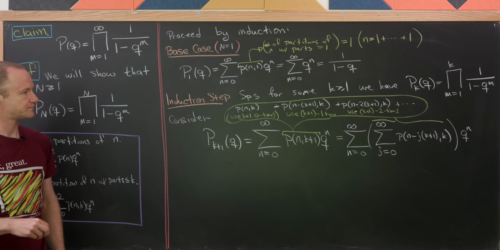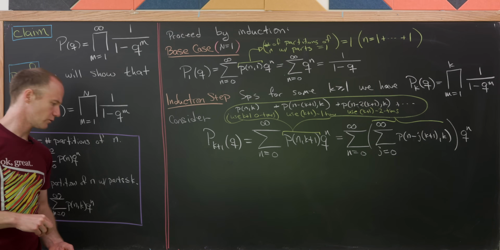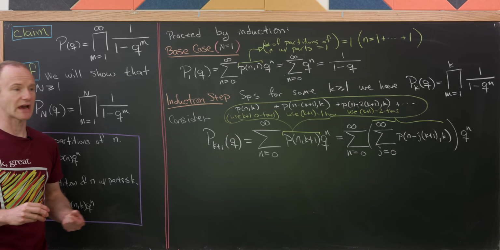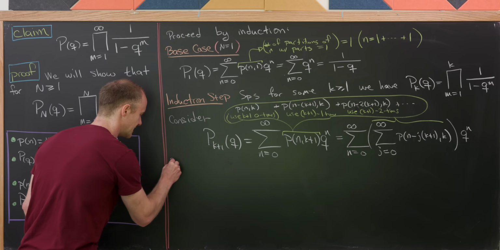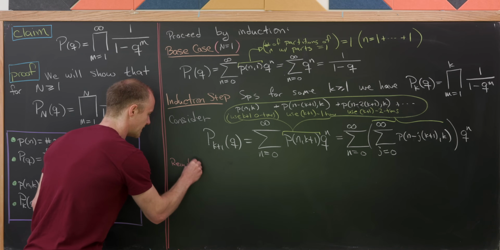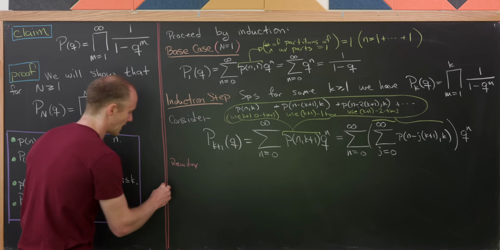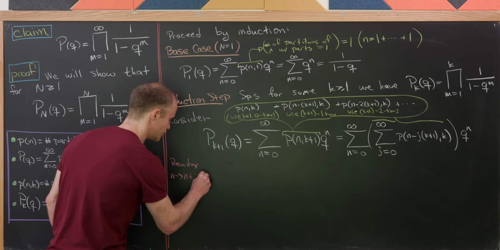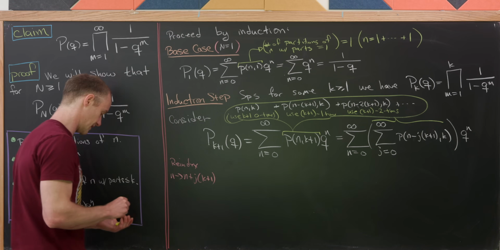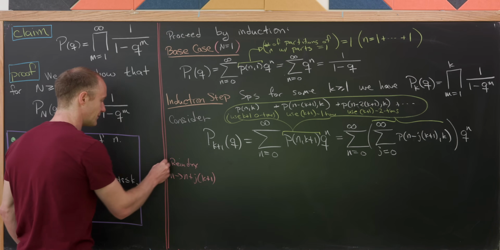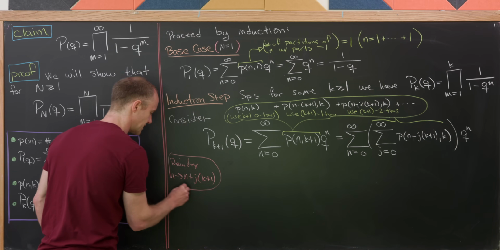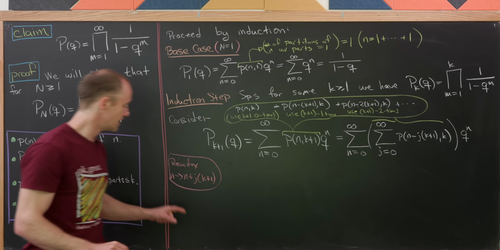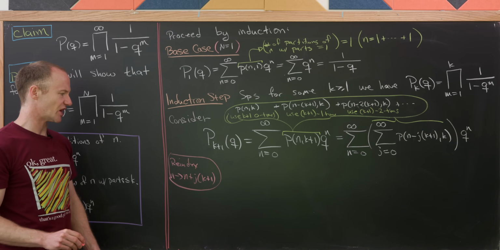Okay, great. And now we're going to do something that we do quite often in this sort of calculation, and that is re-index. So I'm going to re-index this sum by replacing all of the n's with n plus j times k plus 1. And you might say, oh, that's going to be a bit tricky because that's going to change my starting point for n to something like negative j times k plus 1.